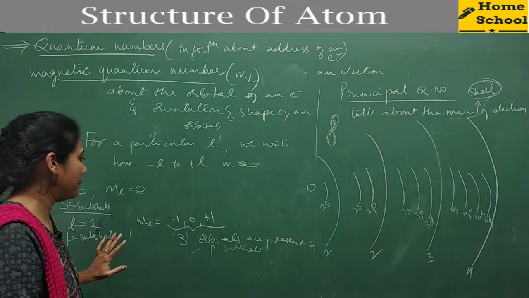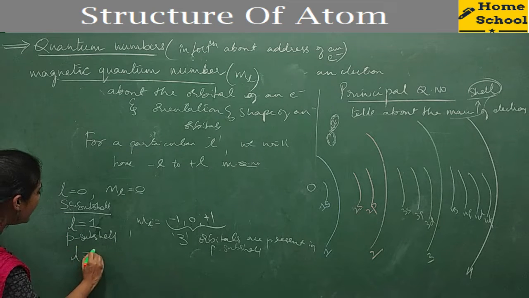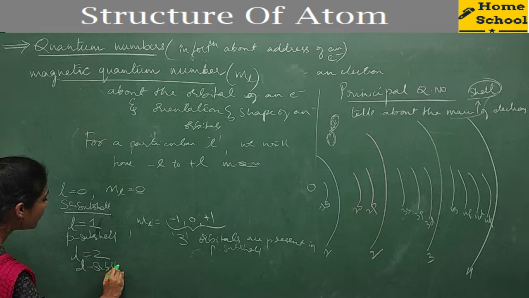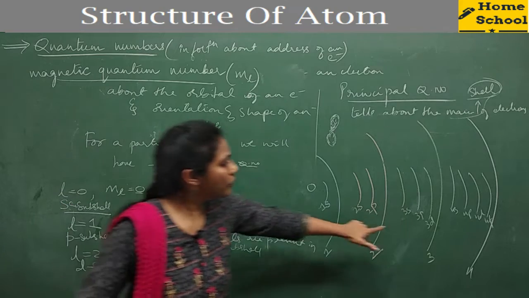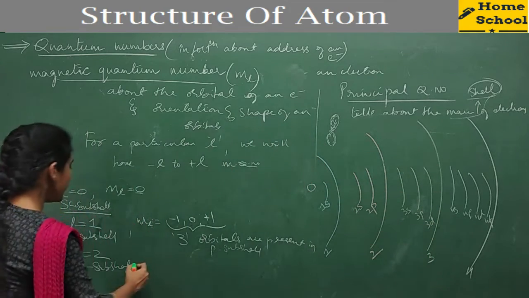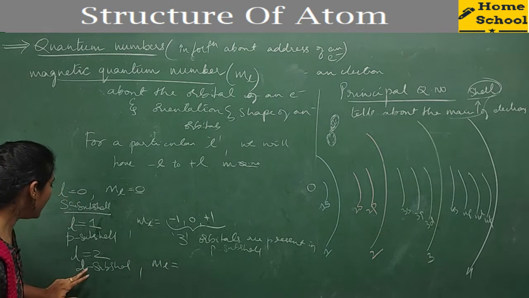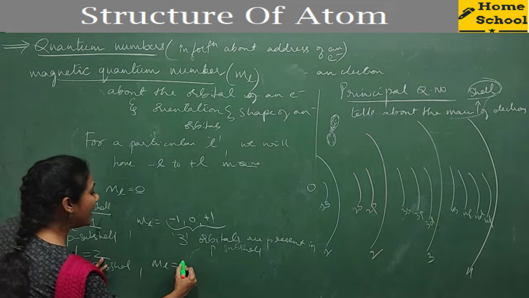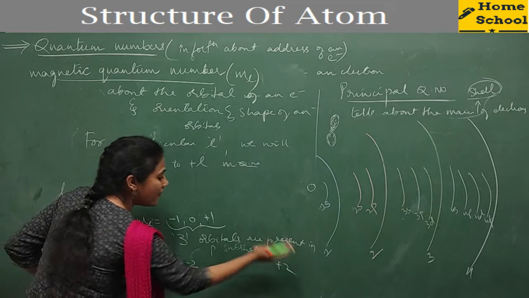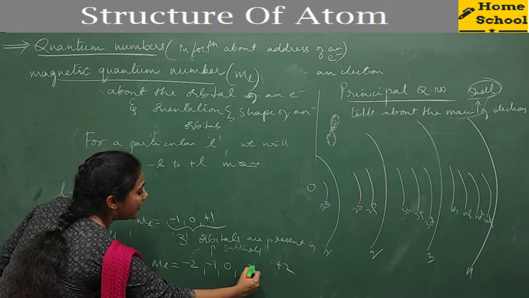Clear, everybody? Fine. Okay, and now when L is equal to 2, in the sense of the D subshell. In the third state, our D subshell is there. So this D subshell can have how many orbitals? Let us check it out. The ML value for L is equal to 2 starts from -2 to +2. What values will come? -2, -1, 0, right? +1, +2.